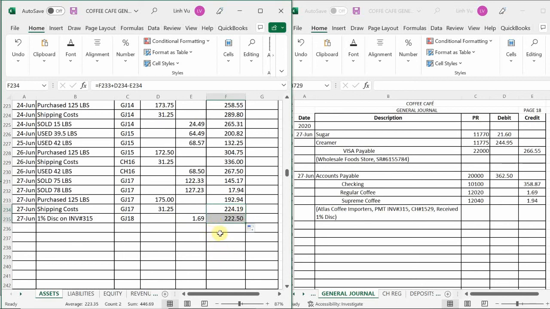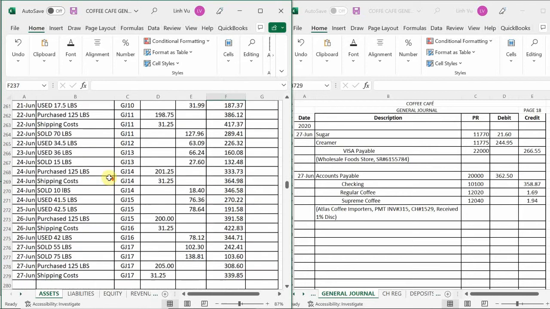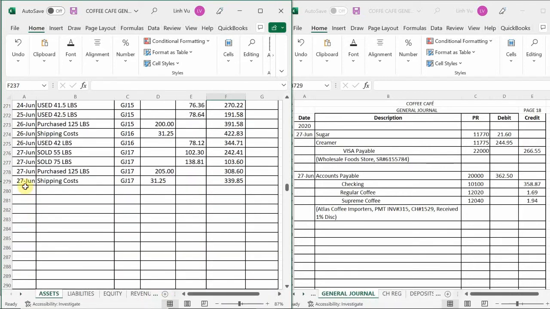Okay, so you're at 22250. And then on the Supreme, we have the 27th, 1% discount, invoice 315, page 18 for $1.94. 33791.